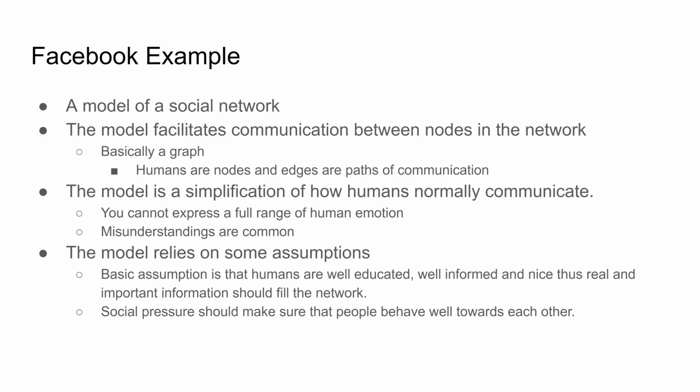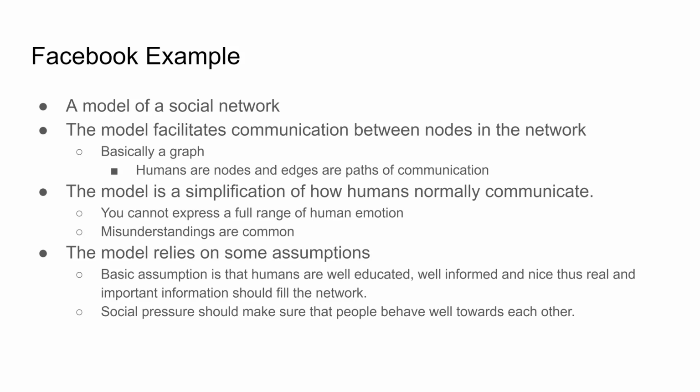Another assumption that Facebook relies on is that social pressure should make sure that people behave well towards each other. This is also maybe something that we can debate, if these two assumptions actually hold well for social networks and social media in general. We have seen a flood of fake news. People get into arguments over misunderstandings, maybe because of these simplifications and things like that.